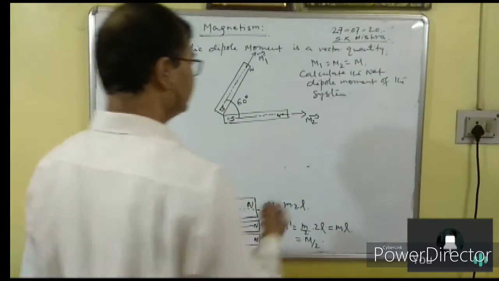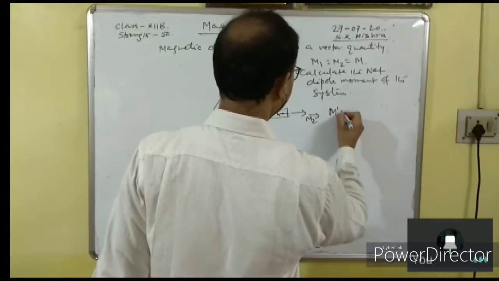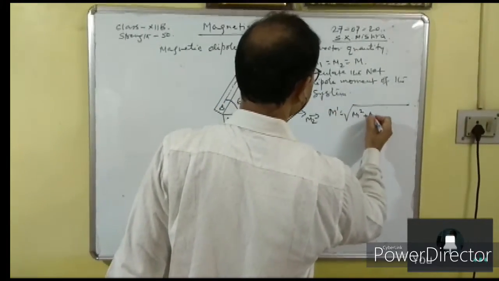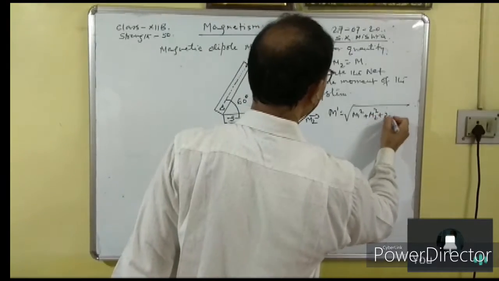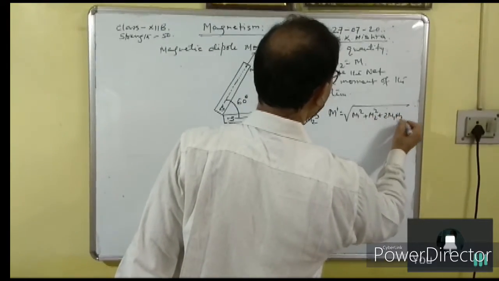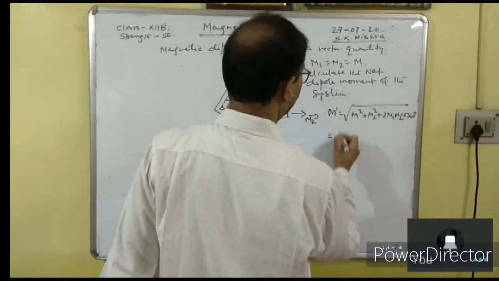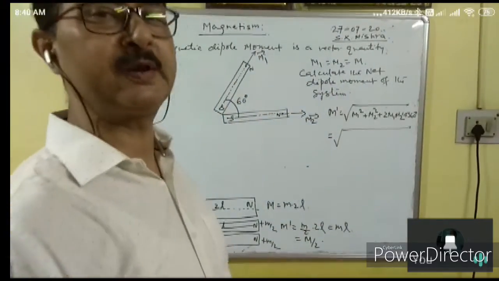The line joining the north and south poles is called the magnetic axis. Similarly, there is a geometric axis.